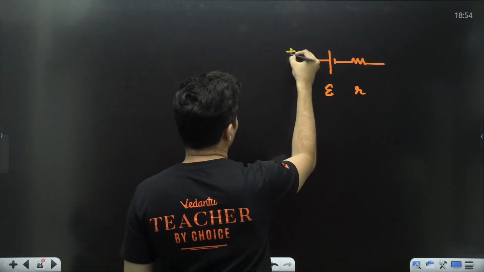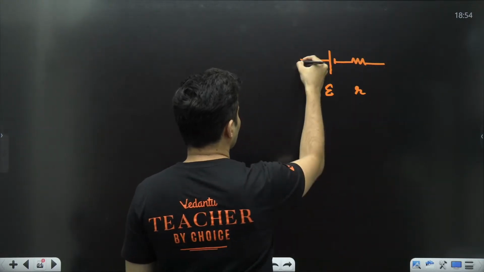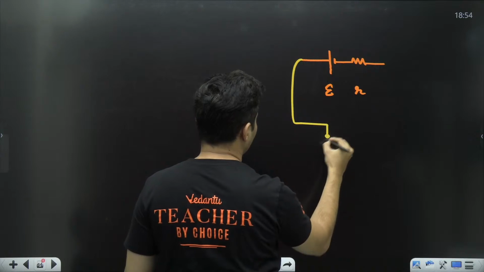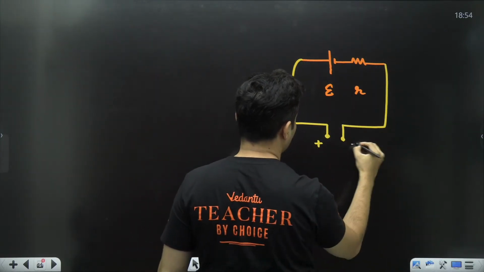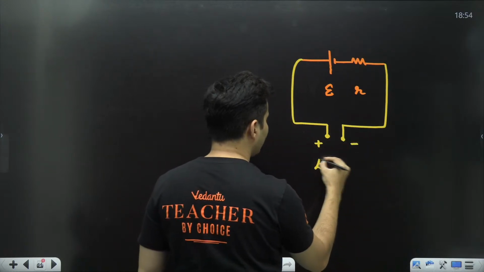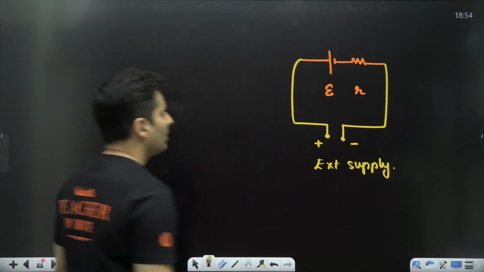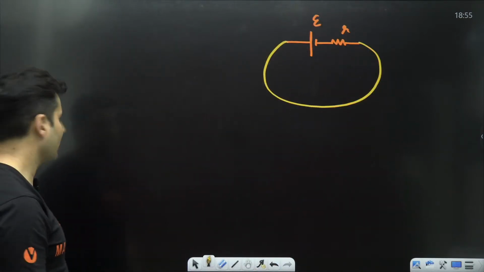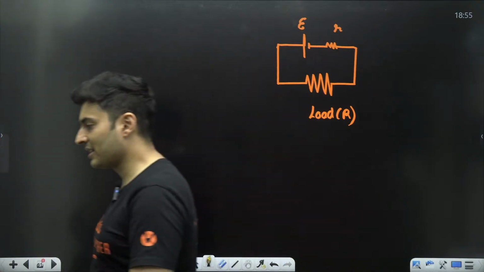This is connected to the positive side, this is connected to the negative side of something else. So maybe you are connecting the positive to the negative of an external supply. These are the 4 modes of connecting a battery, and any circuit will have only one of these 4 modes, nothing else.